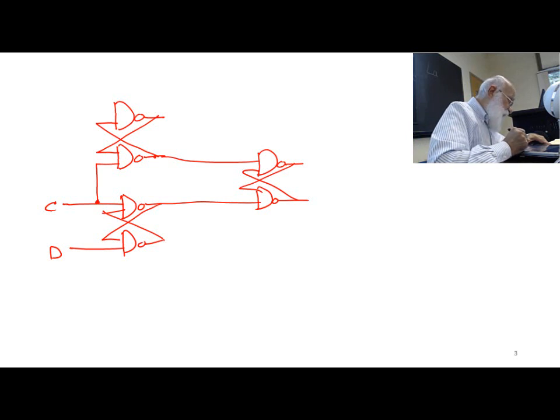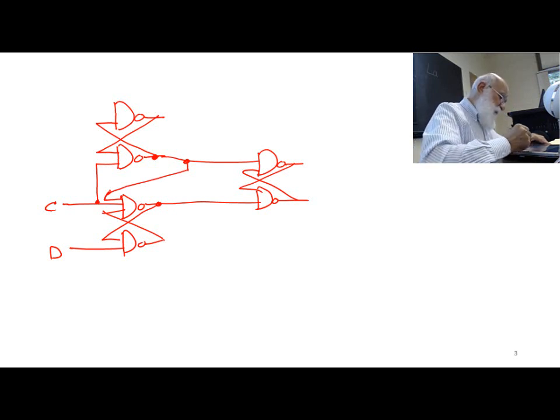And then I have a crossing from here back to this. And I have another crossing.